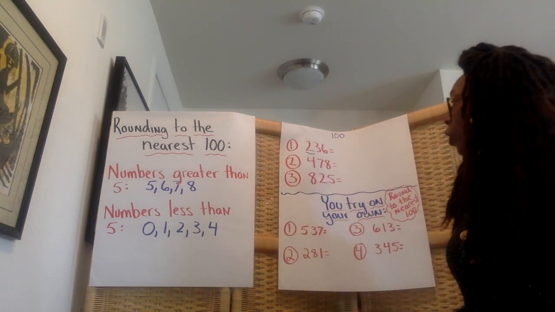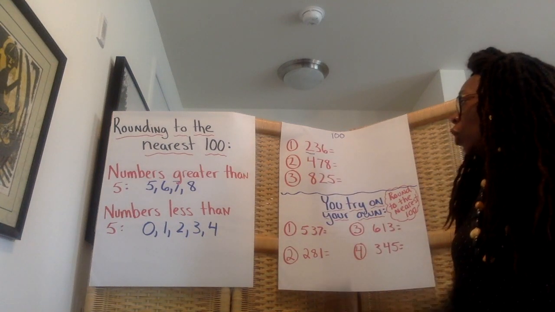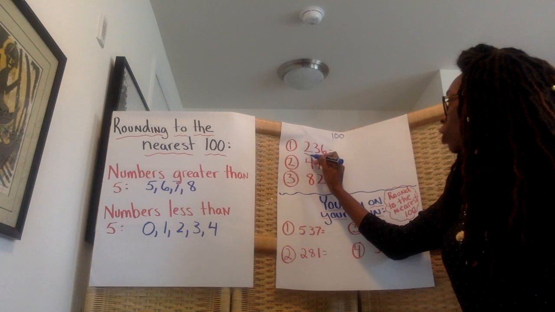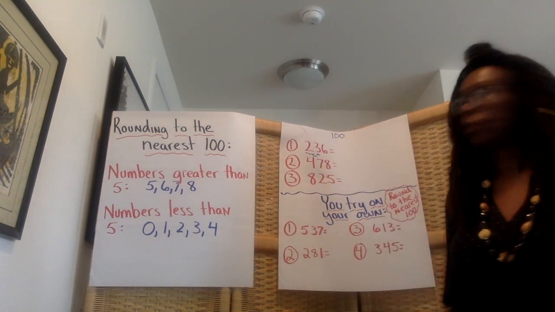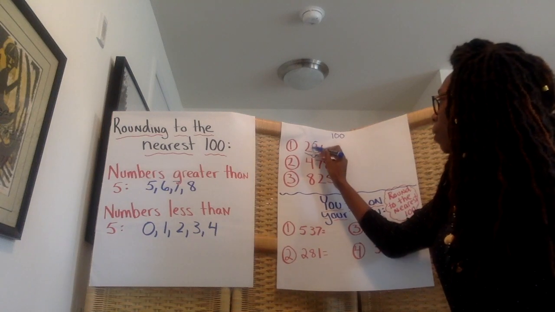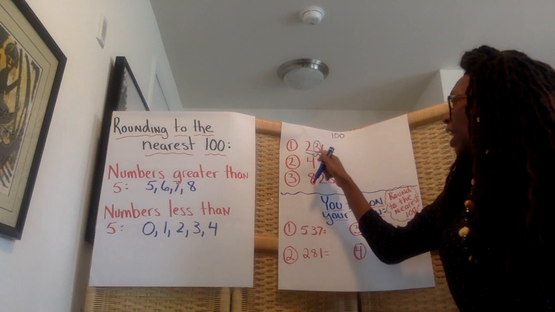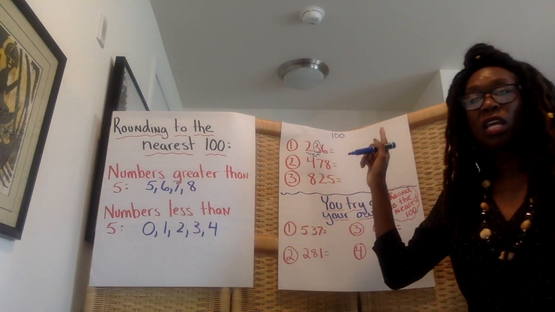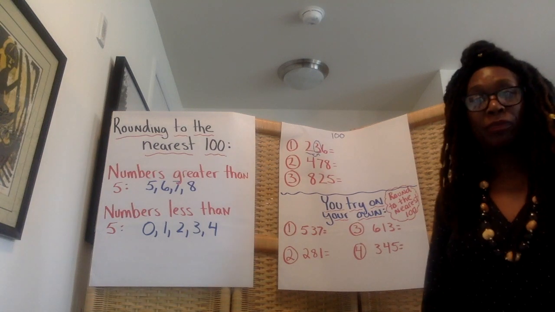So our first thing that we're going to do, we're going to underline the number in the hundreds place, which is 2. You're going to look to the right of the 2 and look at the number in the 3 place. You're going to circle that number. You want to know, is the 3 greater than or less than 5?